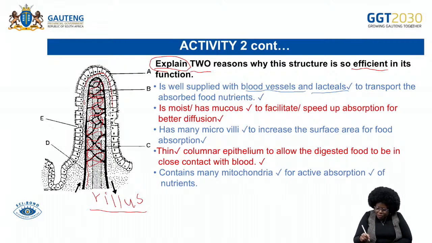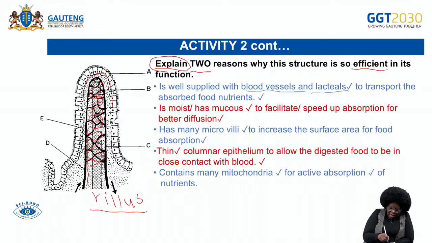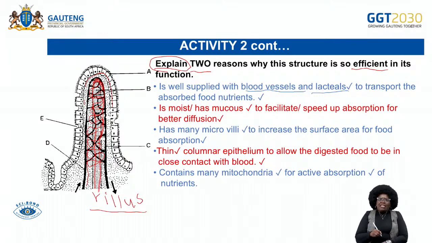And I'm going to show you in this color here. This is the lacteal. You can see the lacteal system is here inside. Right, there's the lacteal system. But can you see how closely linked the structure is to the blood vessels?